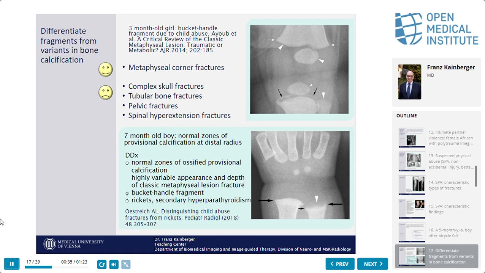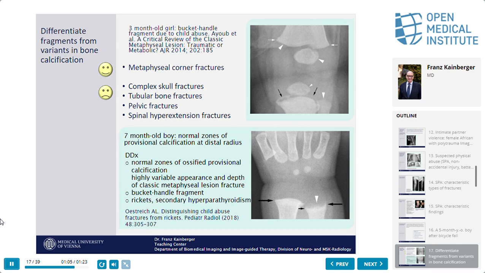And Professor Alan Oestrich from Cincinnati published about that topic, and he personally told me when I met him some years ago that he was involved in a case in Scandinavia where a father was imprisoned erroneously for 10 years because metaphyseal corner fractures were diagnosed in his child who actually suffered from rickets.